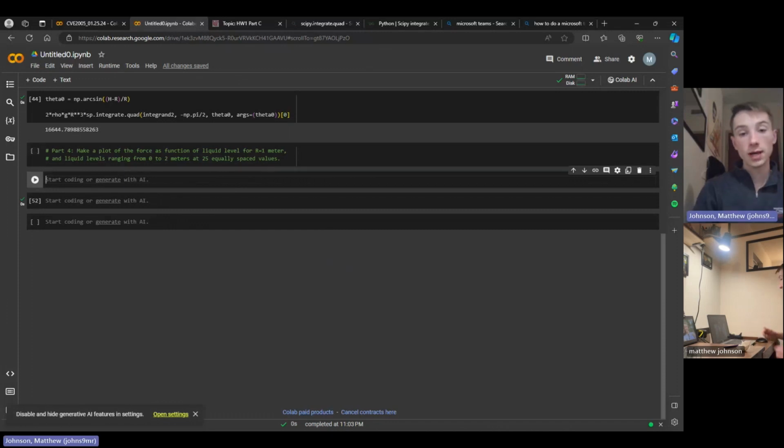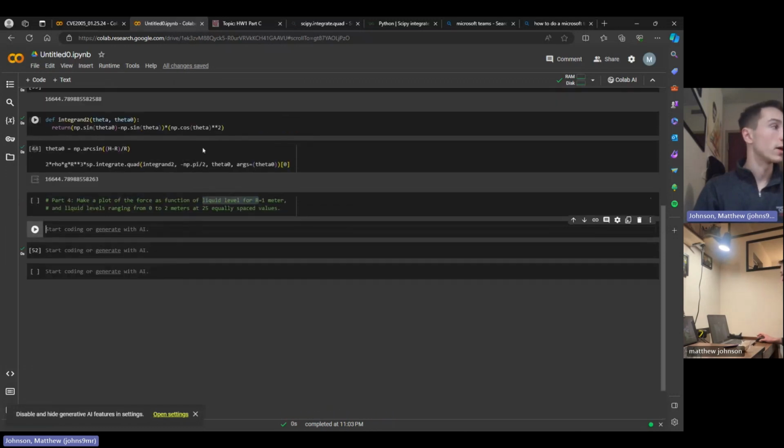Okay, so for our plot, we need a y-axis and an x-axis. We're going to have forces on our y-axis, and our x-axis is going to be the liquid level, right? But we need our h values as one list for the inputs for this graph, and the outputs we'll get from our function already.